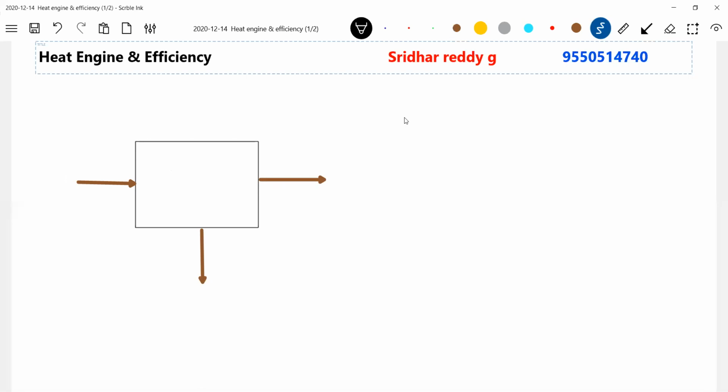So this setup is a heat engine. It contains a working substance. So what is the working substance? That working substance is an ideal gas.